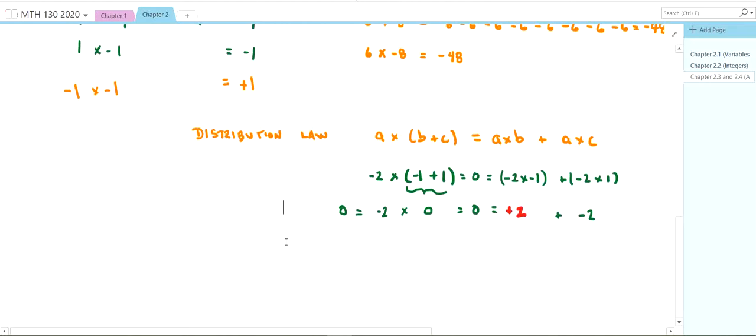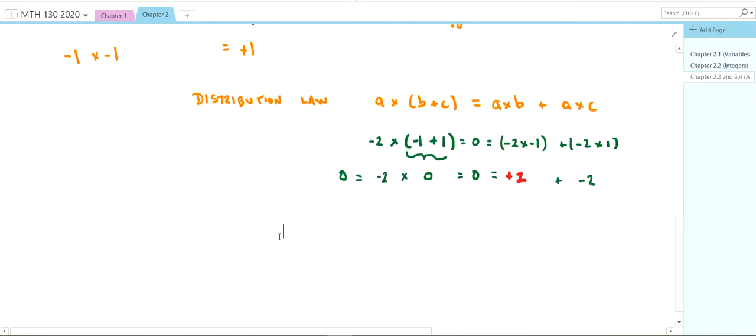Or in other words, we could have minus 6 times minus 5 equals positive 30, a positive number. Or minus 2 times minus 12 equals positive 24. So those are some examples.